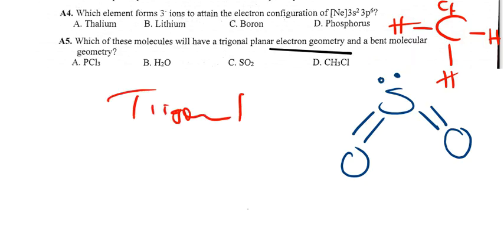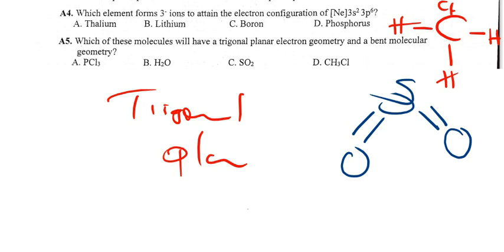And then if you remove the electrons, you can clearly see that it becomes a bent shape. So this is actually the answer.